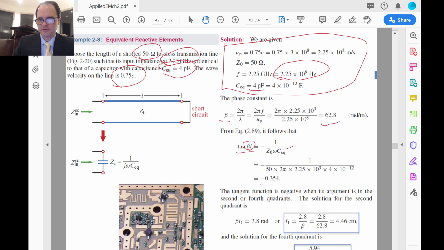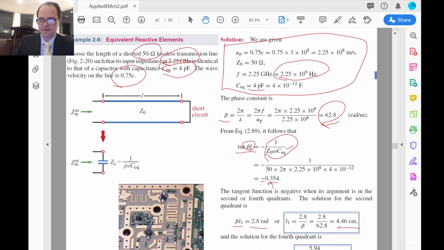We put in all those numbers and get this right there. We get the negative, and then we take the arc tangent of that, getting it to the right quadrant so that it is negative. We find that beta L1, one possible solution, is 2.8 radians, and we divide through by beta, which we solved for up here, and we get our answer.